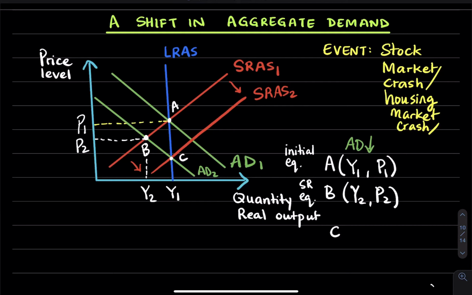So in the long run, the price level would fall to P3 and we would come back to the natural level of output, which was YN. So in the long run, we would return to point C, at which we are back to Y1 and prices are a lot lower than before.